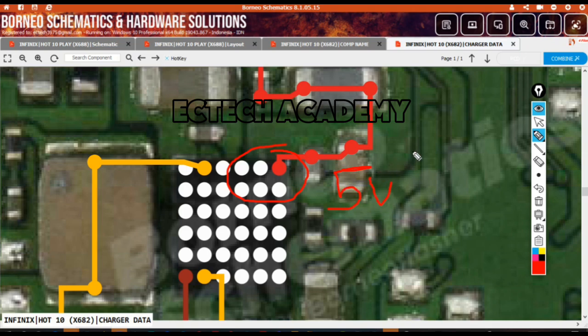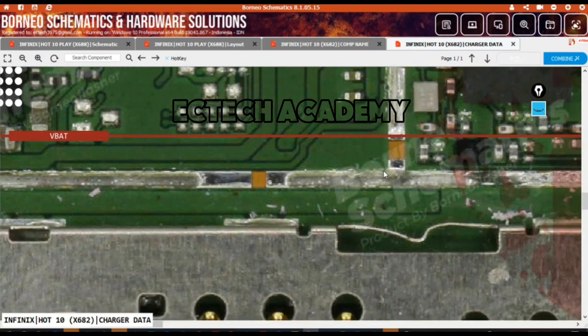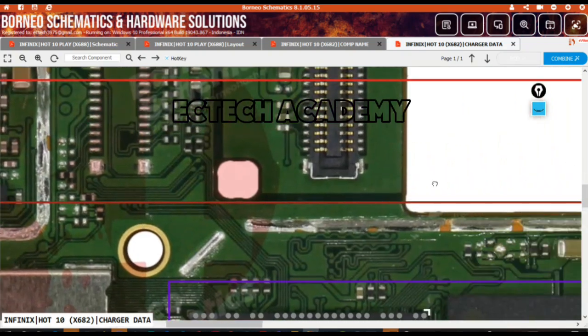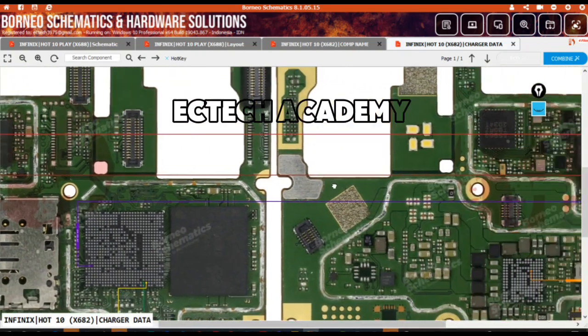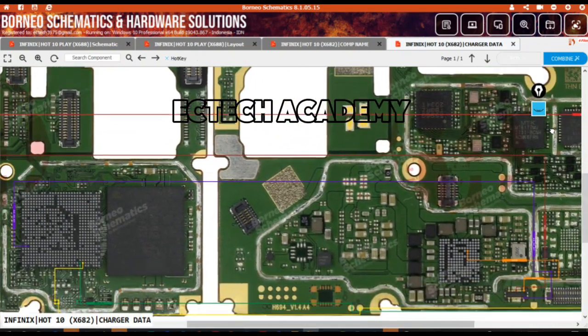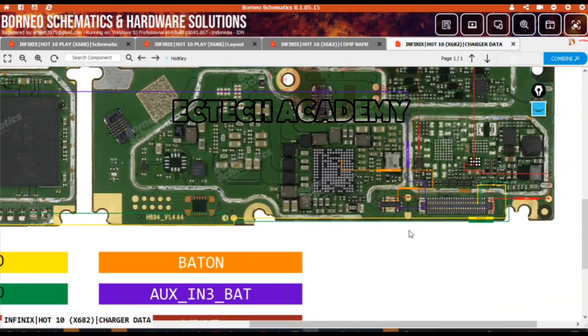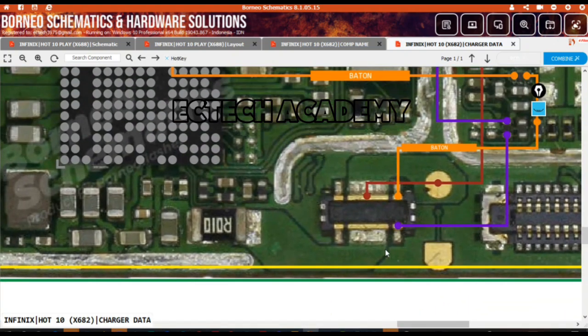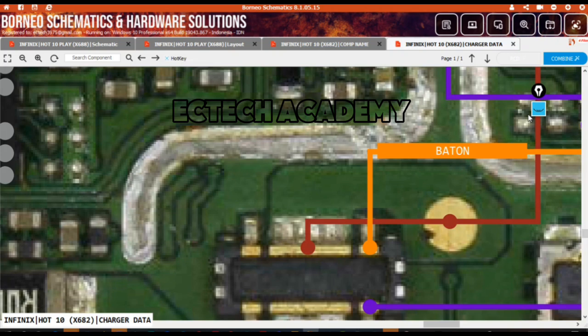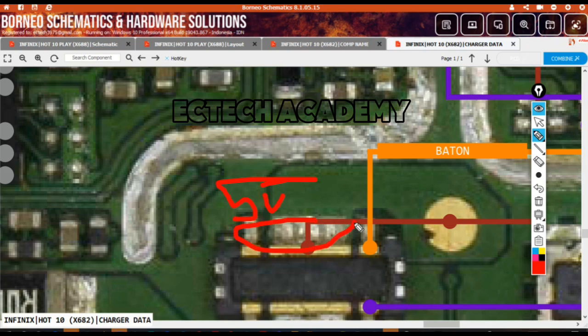I have faced some issues where I see 5 volts on the battery connector. Yes, I have seen some cases like that, where 5 volts will appear in this area.